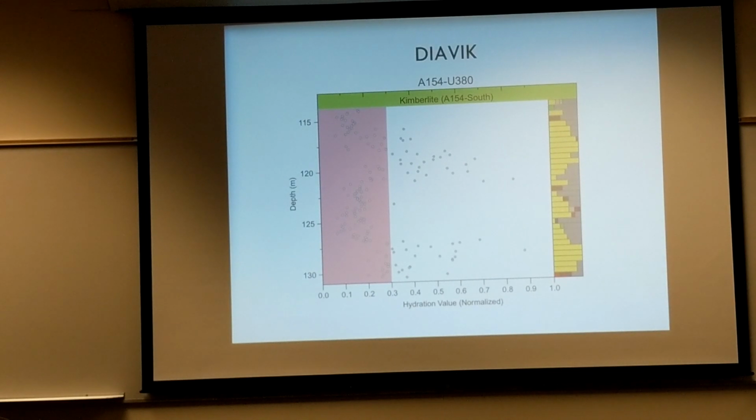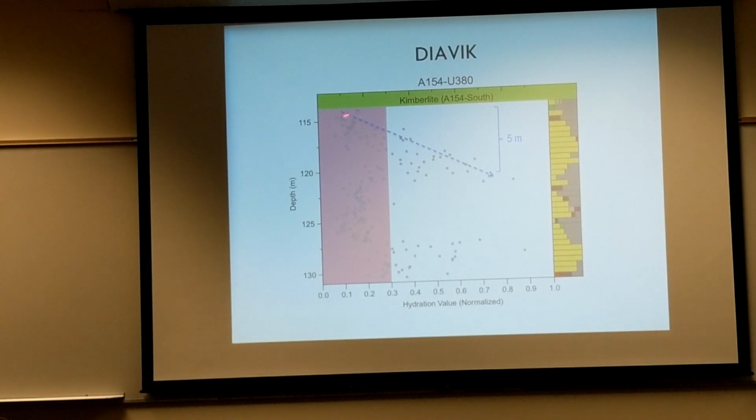that is not necessarily a hydration halo, but we're calling this the dehydrated cook zone. When you get close to the kimberlite, you actually have these dehydrated rocks that would presumably form by the heat of the kimberlite dehydrating the nearby crustal rocks. And you're going to see several examples of this happening. You can draw this line: within about 5 meters from A154 south, you have this dehydration zone.